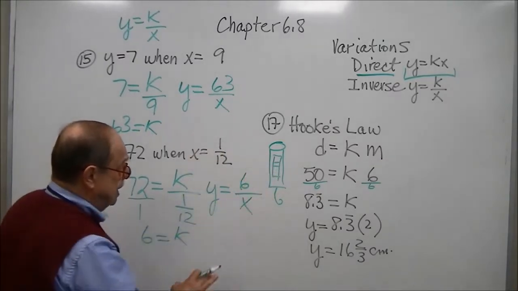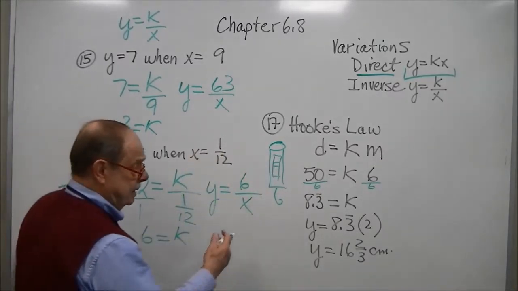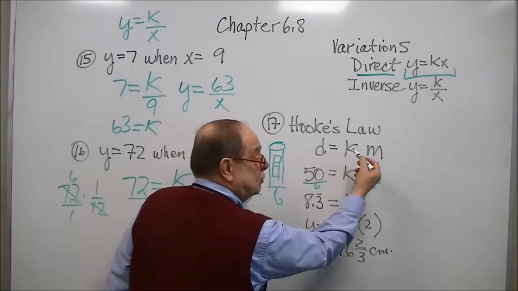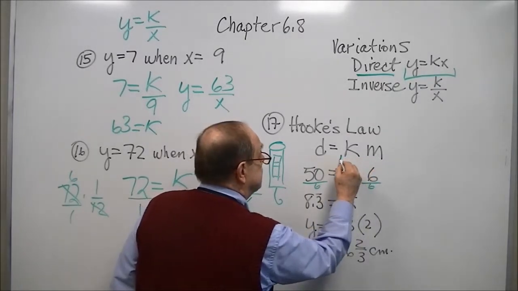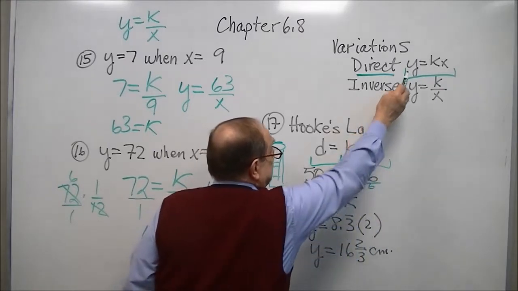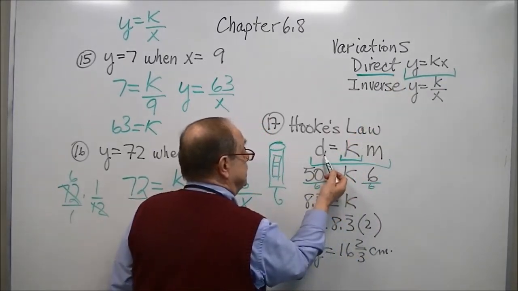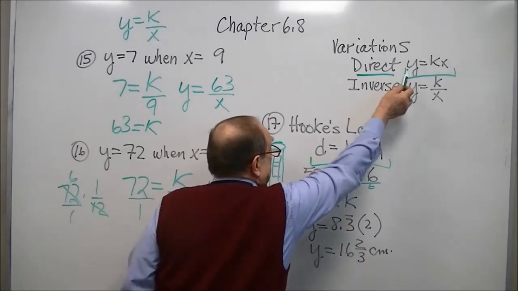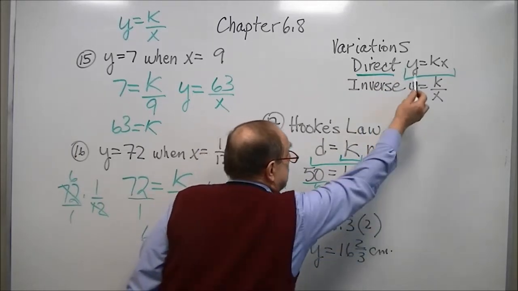So little word problem. Again, it told you that it was a direct variation. So there is the general formula for direct variation, but here they're using D for Y and M for X.